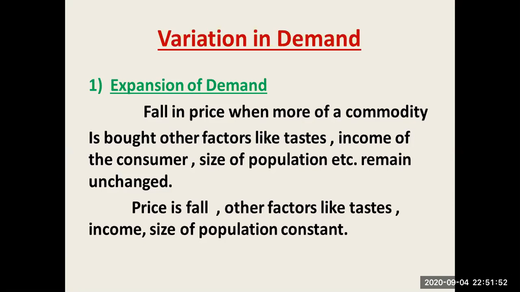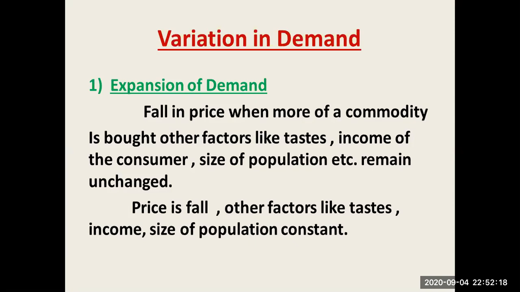That is the definition of the expansion of demand. It means the price falls but the other factors are constant, so the demand will rise. Prices fall, other factors like taste, income, size of population are constant. That is called the expansion of demand.